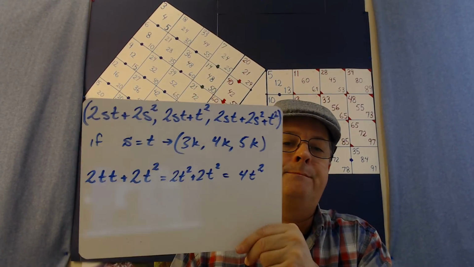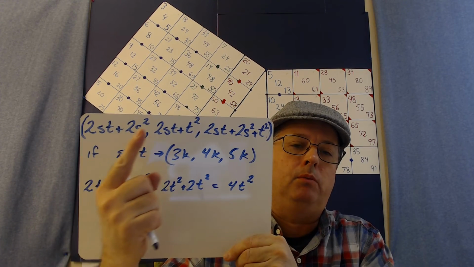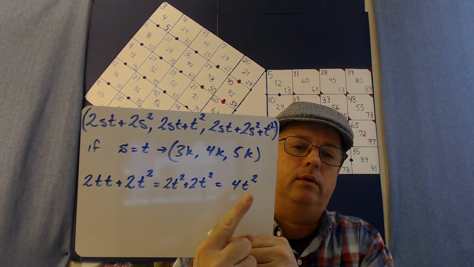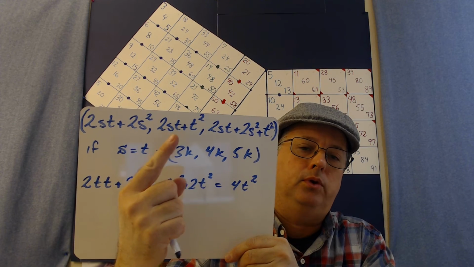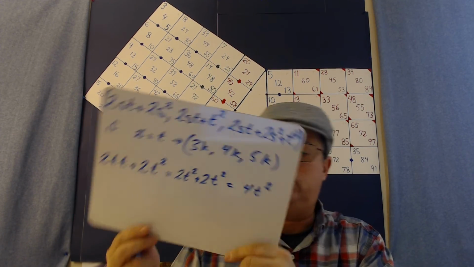TNT, dynamite. Okay, so then we have 2t squared plus 2t squared. And that's 4t squared. Okay, so when we put t everywhere in this expression, we get 4t squared. And so now let's put t everywhere in this expression.